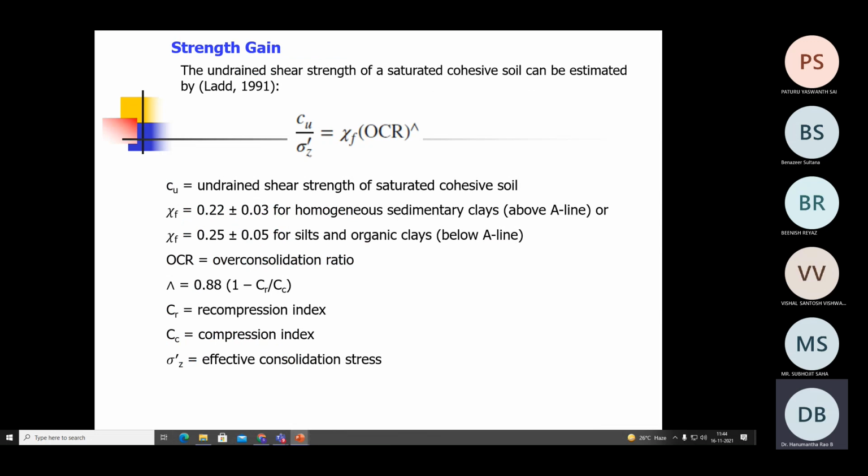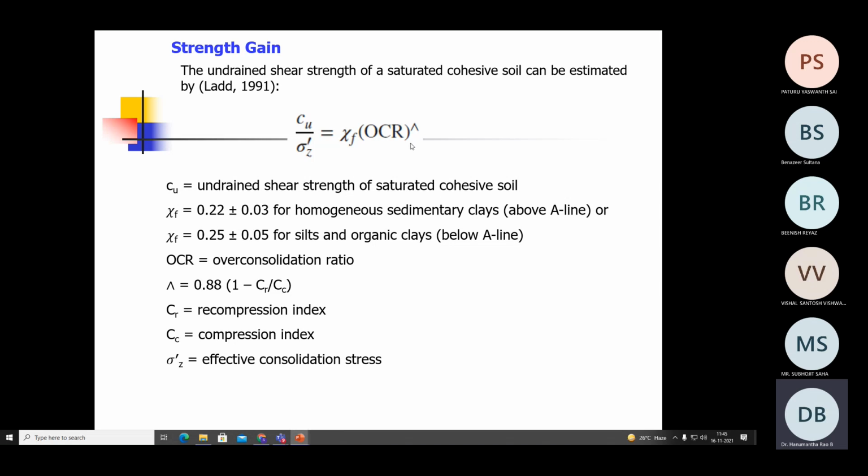Then we were talking about only one concept, that is the improvement in the consolidation. But what is the obvious consequence of the improvement? The improvement in the undrained shear strength of the soil. So how shall I determine how much was the improvement in the undrained shear strength? For that purpose, you can use this equation.